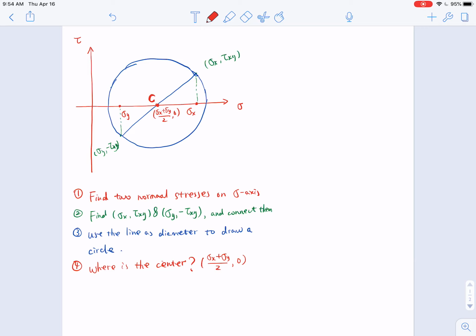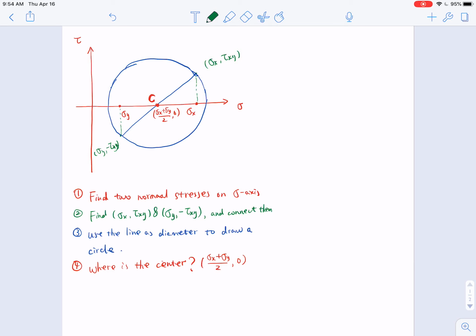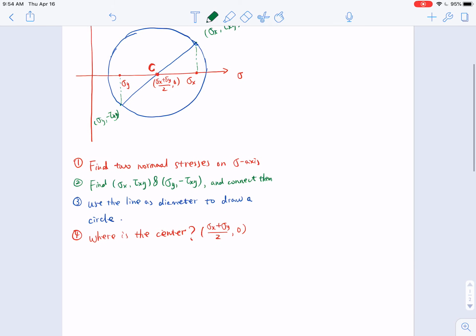Then how about the radius? What's the radius? R equals what?